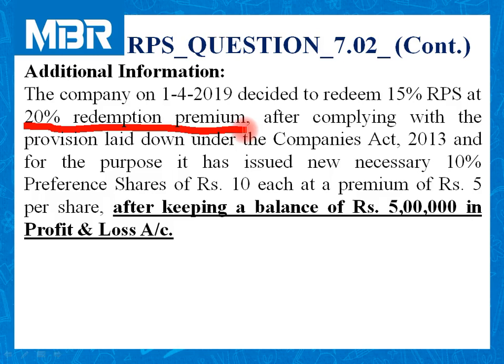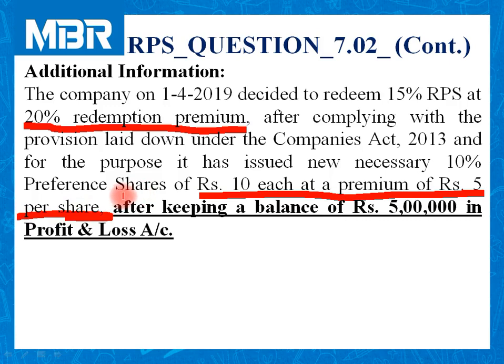After complying with the provisions laid down under the Companies Act 2013, the company has issued new 10% preference shares of rupees 10 each at a premium of rupees 5 per share. So face value 10, premium 5 rupees per share, so total amount 15 per share will be received.